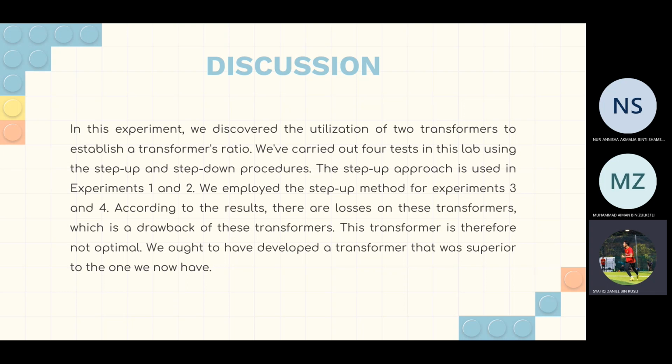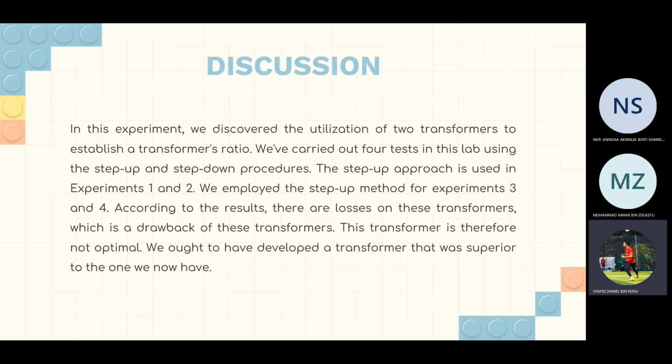According to the results, there are losses in these transformers, which is a drawback. This transformer is therefore not optimal. We should develop a transformer that is superior to the one we now have.